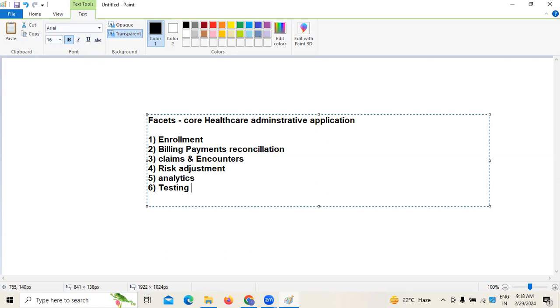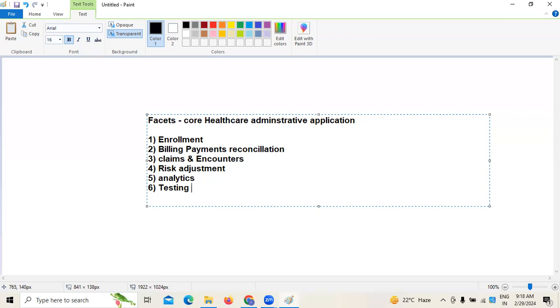At the same time, we need to automate the member eligibility rules in context to the SNPs, like if there is any kind of Medicare special needs plans, or any kind of Medicaid health and recovery plans. All these things also come under the enrollment part.